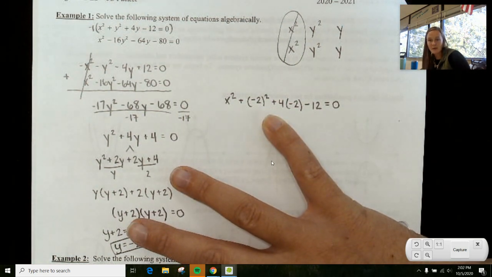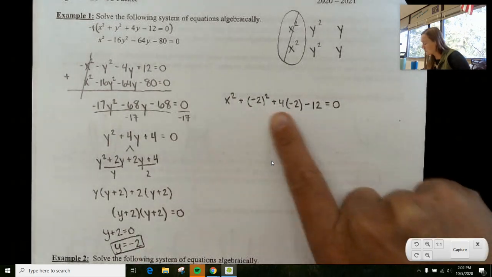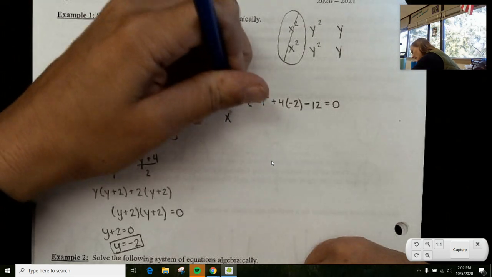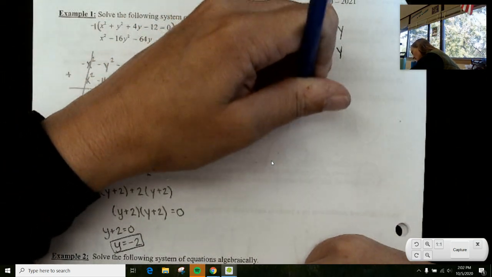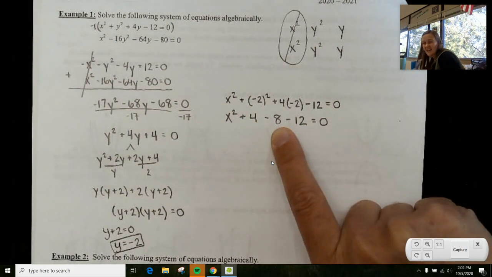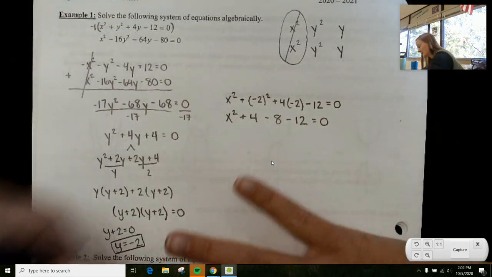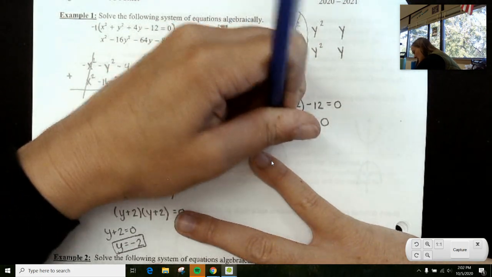So notice now I've plugged in y equals negative 2 for each y in the equation, and now I'm going to solve. So I've got x squared, this becomes 4, this becomes minus 8, minus 12 equals 0. 4 minus 8 is negative 4, minus 12 is negative 16, so I've got x squared minus 16 equals 0.